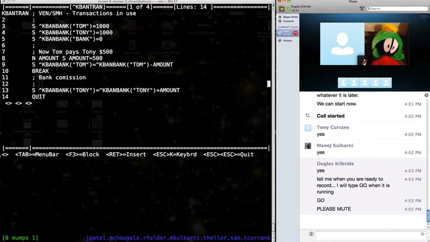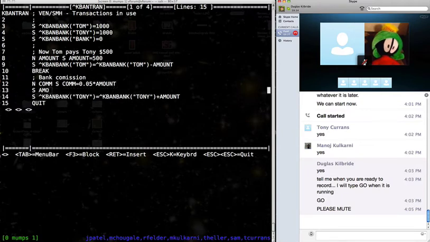So out of the 500, new commission, set commission equal to 0.05% times the amount, and set the amount equal to the amount minus the commission, because that got taken away.